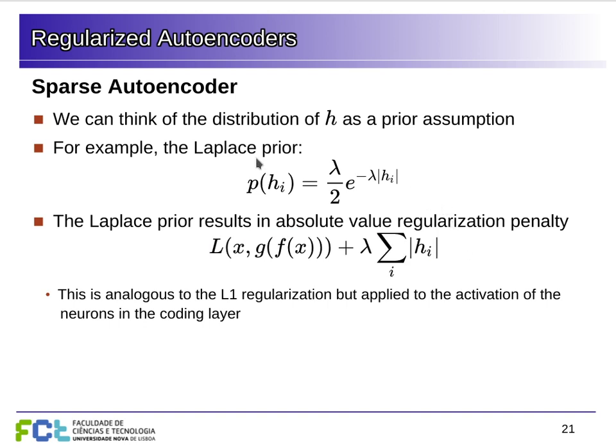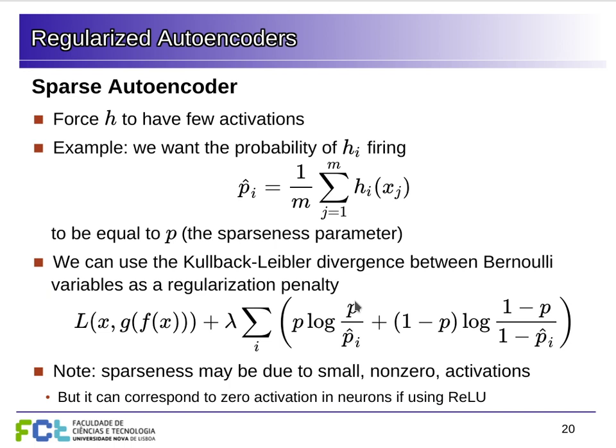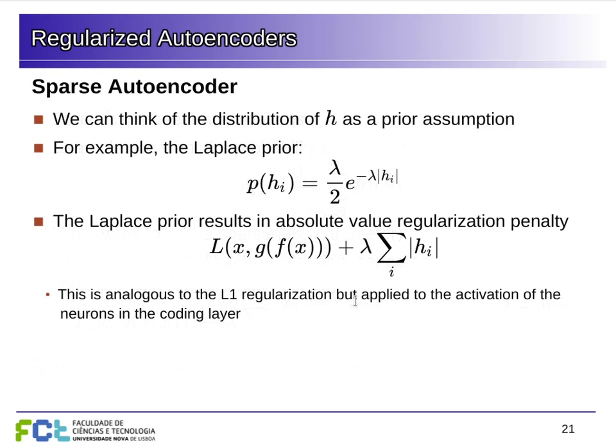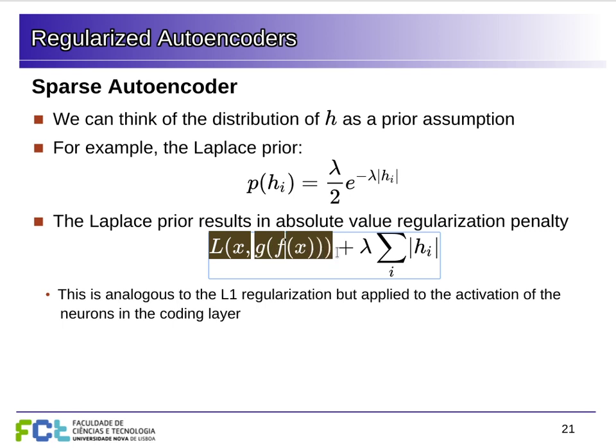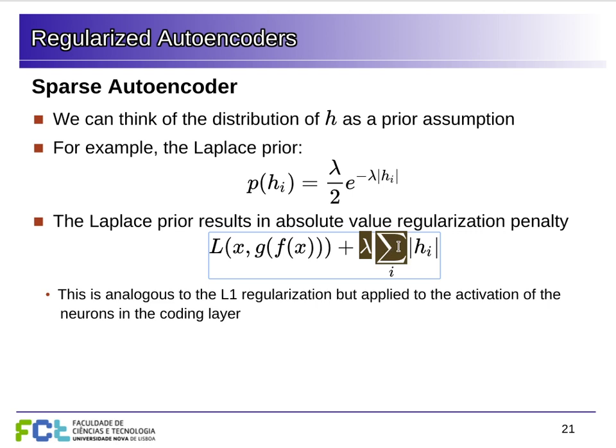In this particular case, if we use this probability distribution, the divergence between the desired distribution and what we actually have in our network at some point during training gives us this simple regularization term. We are adding to the original loss function for reconstructing the input a term that is the sum of the absolute values of the activations of the neurons.